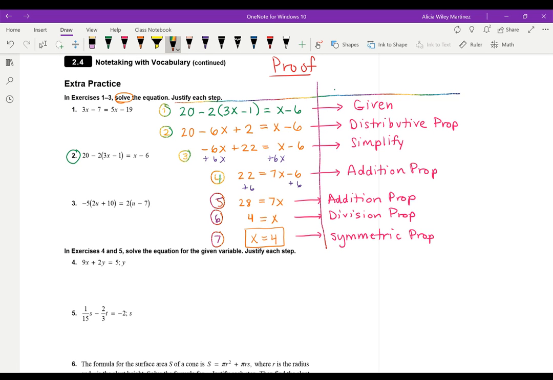On one side, we have our statements, while on the other side, we have our reasons, justifying why we were able to make the statement that we did. So it's this idea that you make a statement, give a reason, make the next statement, give a reason, and so on and so forth until you get to where they wanted you to get to, which was to solve the equation and find the value of x.